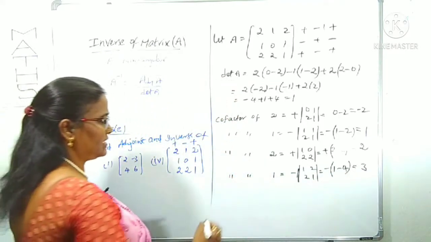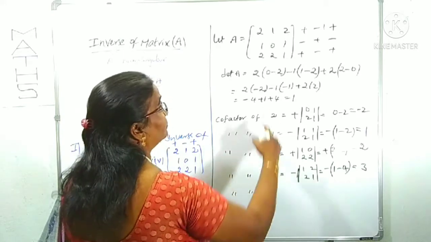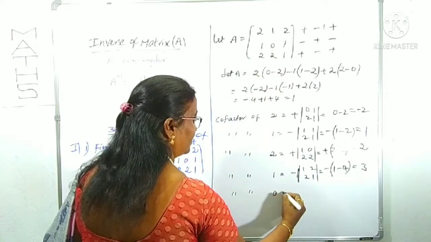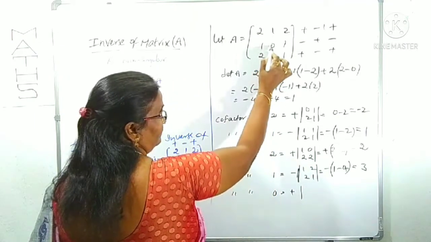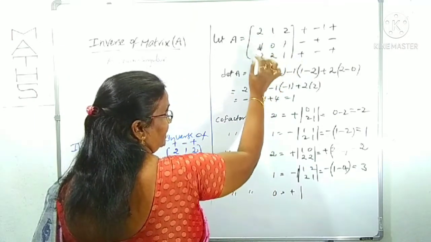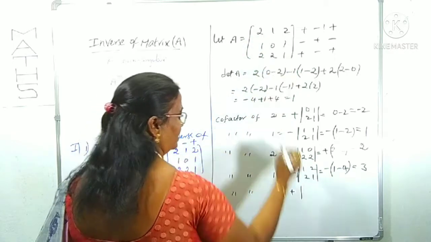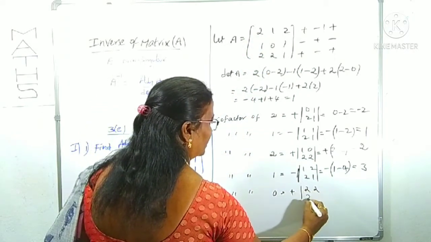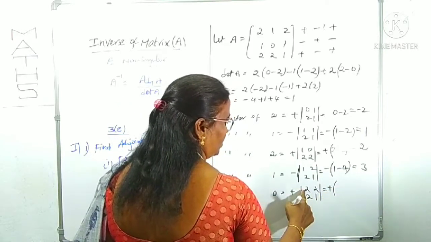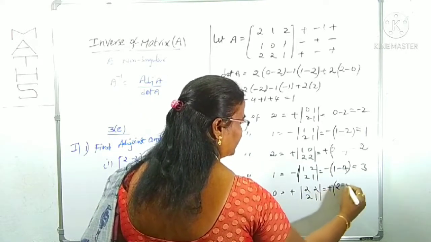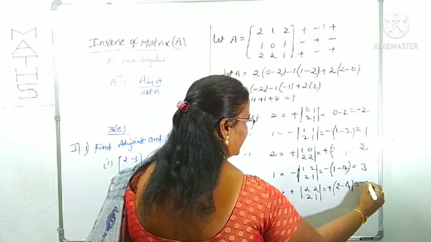Next, what is the next element? The cofactor of 0. For 0 you use the plus sign, plus the determinant. Closing these, what is left over is 2, 2, 2, 1. Again plus sign of 2 ones are 2, minus 2 twos are 4. 2 minus 4 is minus 2.